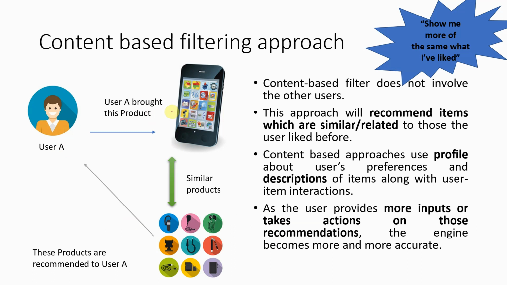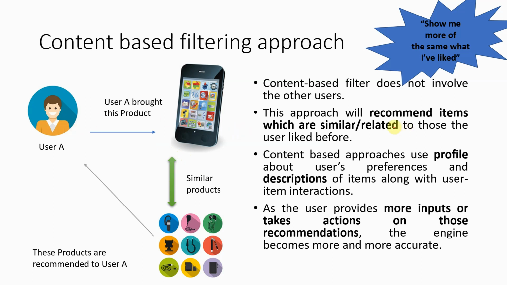Automatically the recommender system gives recommendations about similar products related to what he already bought. For example, if you buy a mobile, you will need a mobile case, a charger, a power bank, a headset, etc. So the system itself recommends similar products to the user based on the previous purchase.